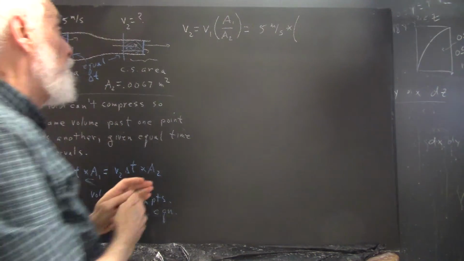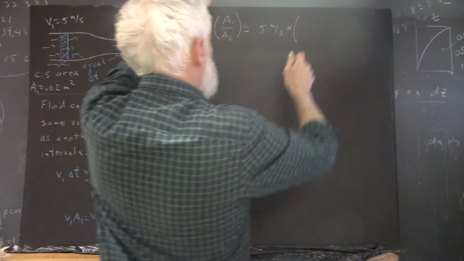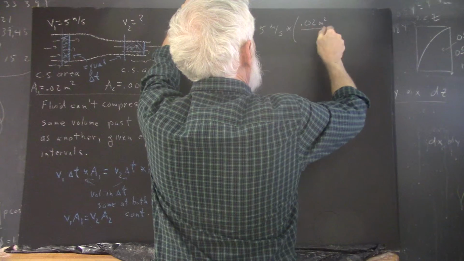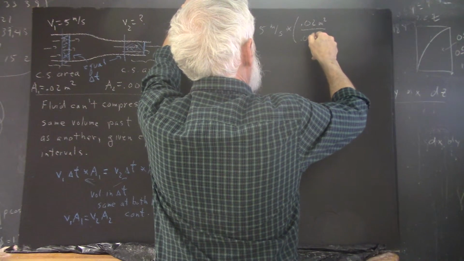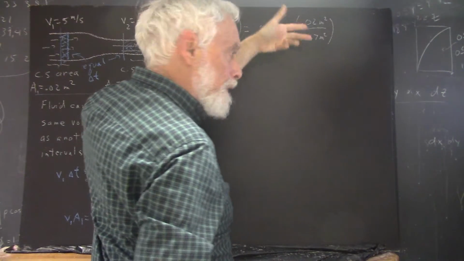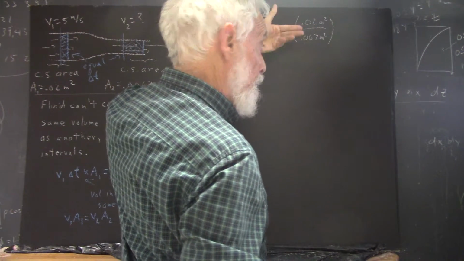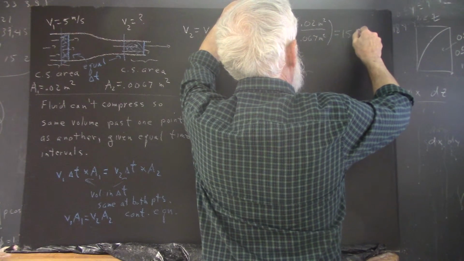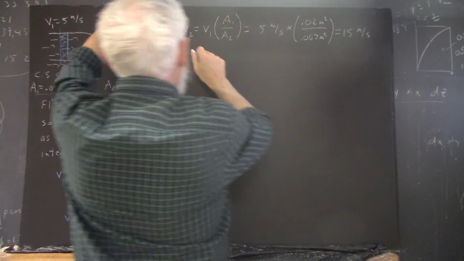Try not to do that yourself. Okay. A1 is, of course, the 0.02 meters squared, and A2 is your 0.067 meters squared. A couple of significant figures. This divided into this is 3, and you end up with 15 meters per second.